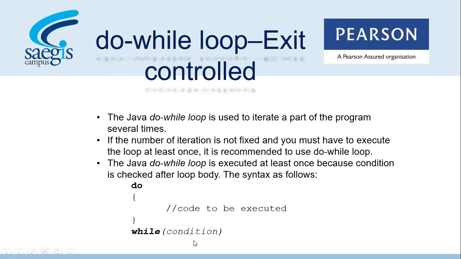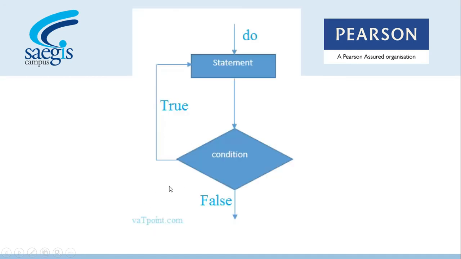So this do while loop ensures that the code will execute at least one time, because think, even if at the first place the condition is false, they have executed some code inside this do block.